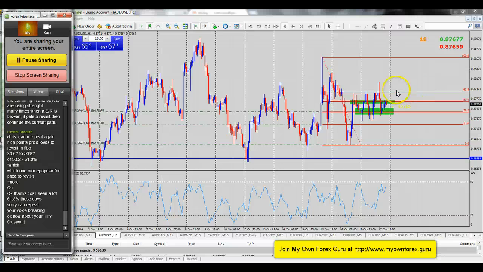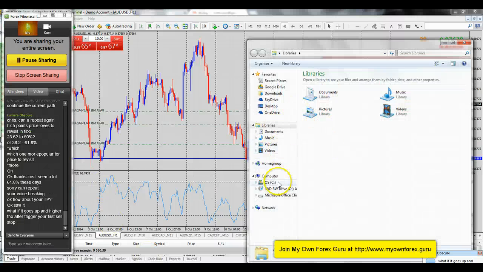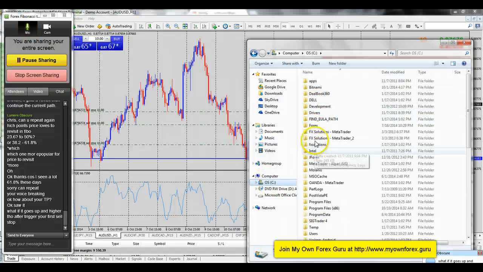Your reverse action would be, there's a way to configure this Fibonacci to draw out how far down it will fall, and let me see if I can get that up real quick.